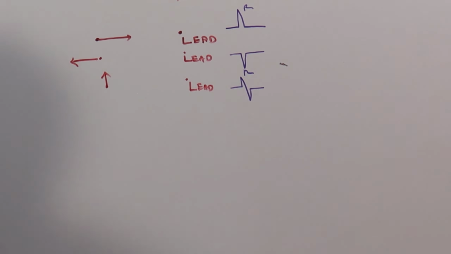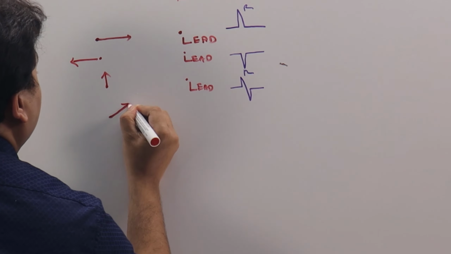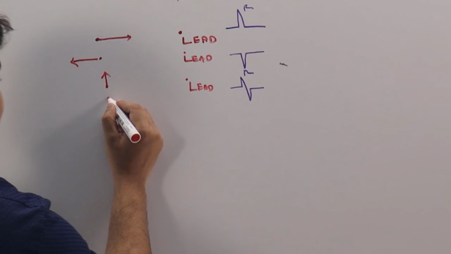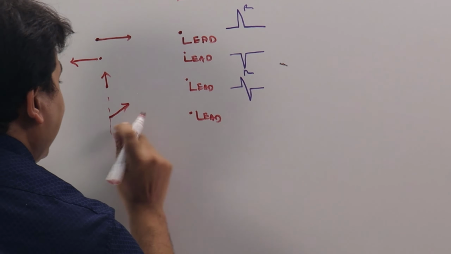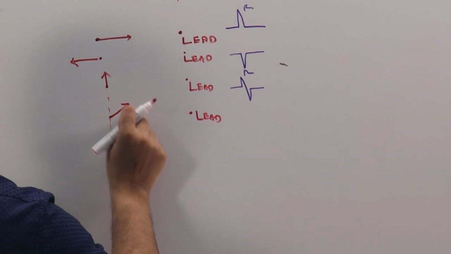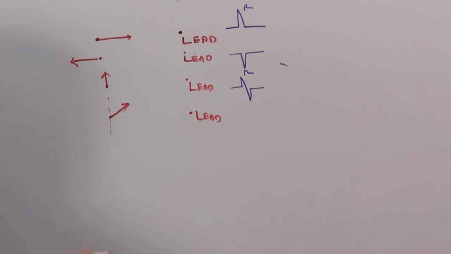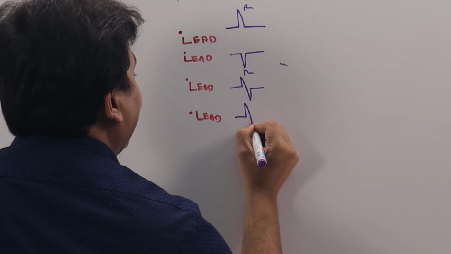Anything in between, for example, let's say we have a wave directed in this direction, then what will happen? If the lead sees from here, it is coming towards it, positive, but not 100% towards it. There is some component going away from it. So it will be predominantly positive, but there will be a negative deflection also.